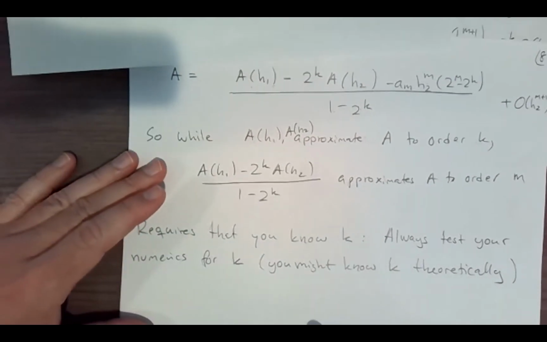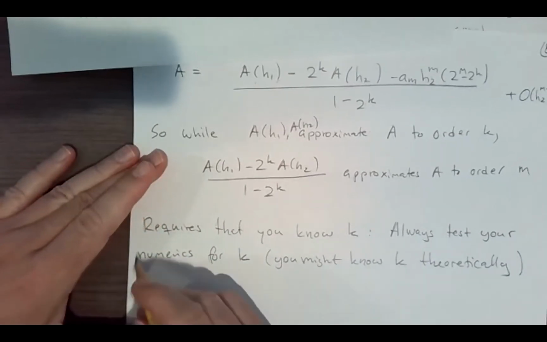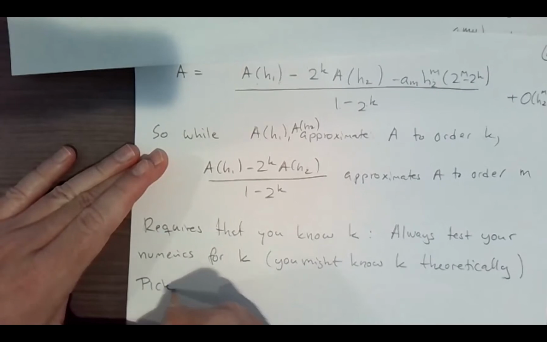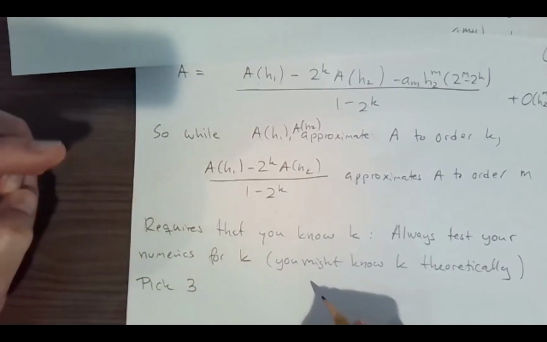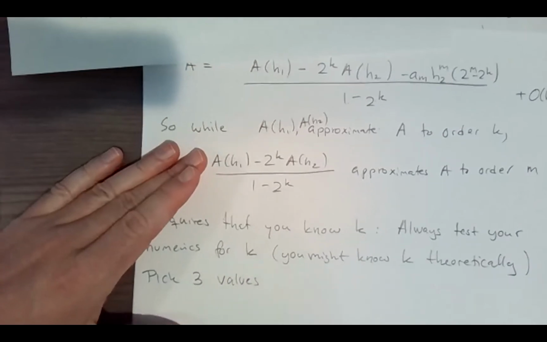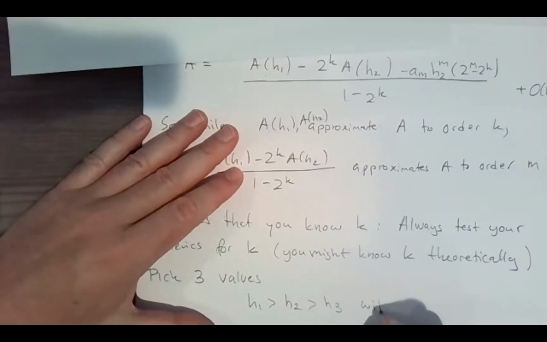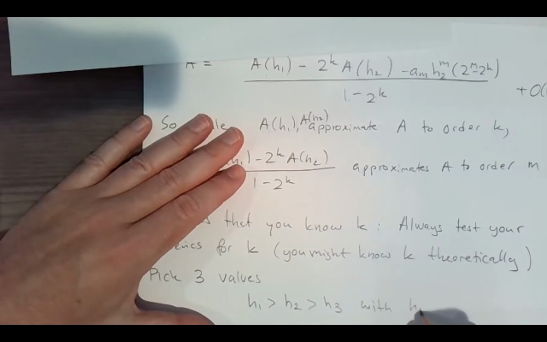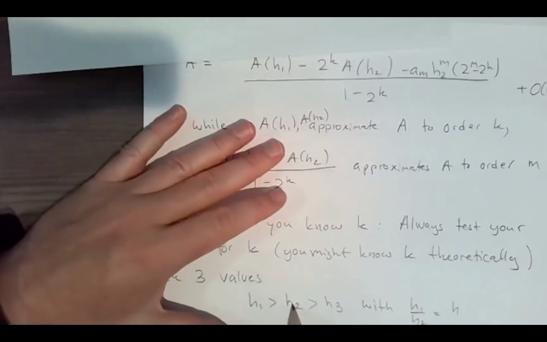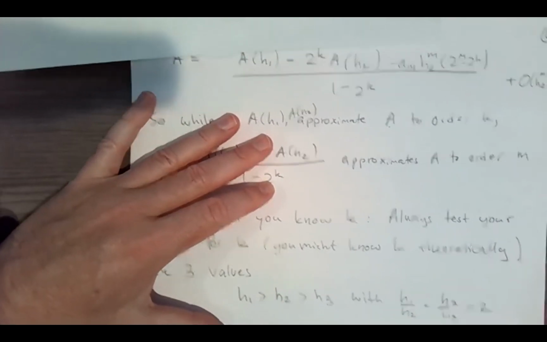And the way to do this is to pick three values. So I have h1 bigger than h2 bigger than h3, and the relationship is going to be like before. h1 is the biggest one, so when I divide over, I want to get 2.